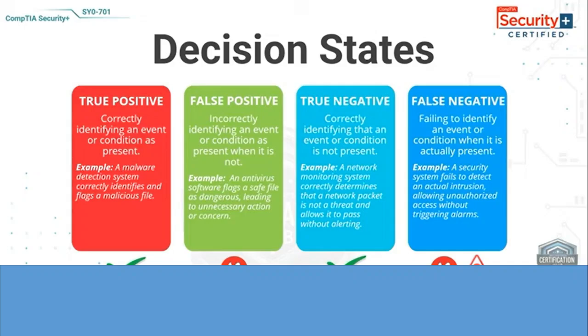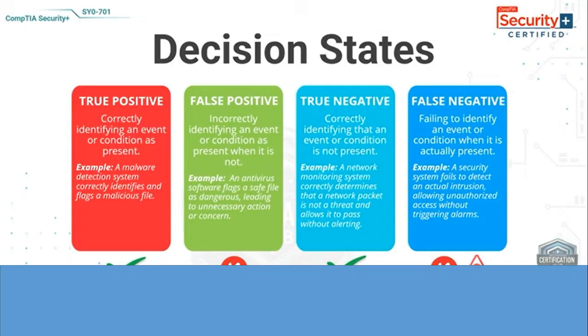False negative is what? It is failing to identify an event or condition when it is actually present. A security system fails to detect an actual intrusion that is happening, and it allows unauthorized access without triggering an alarm.